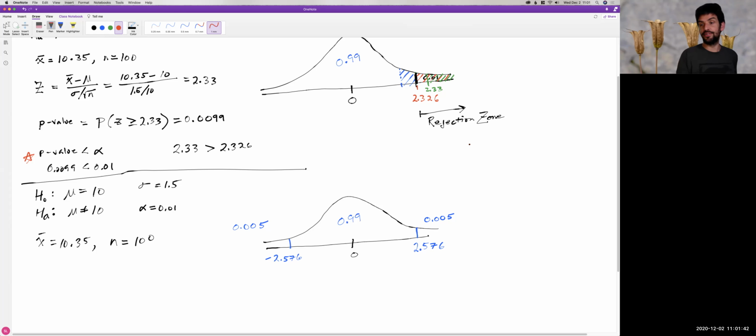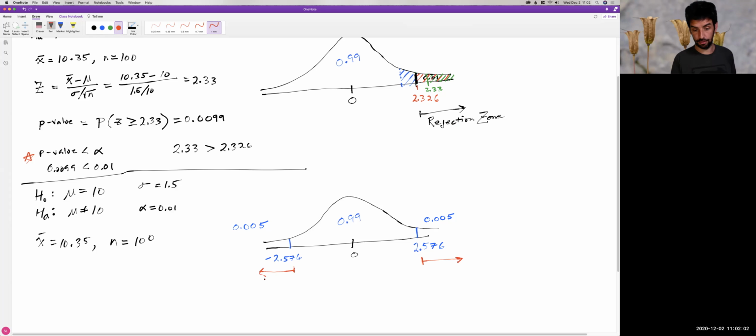Let's think about this zone of rejection or rejection zone idea. We reject the null hypothesis when our event is so unlikely that it pushes us beyond the bounds set by alpha. In this case, this is going to be z-scores outside of these two. So I'll just call this the rejection zone.